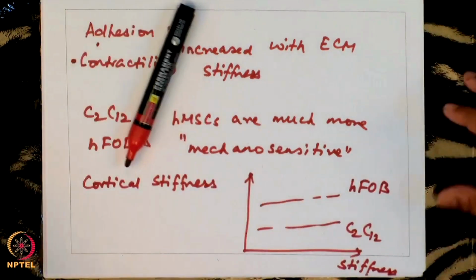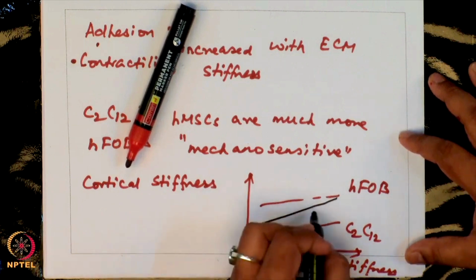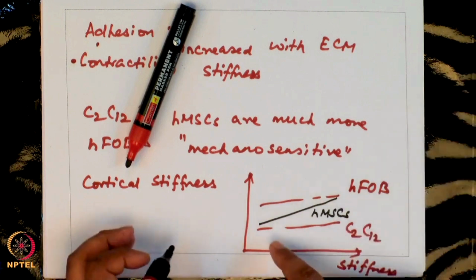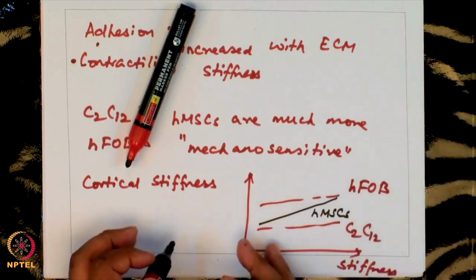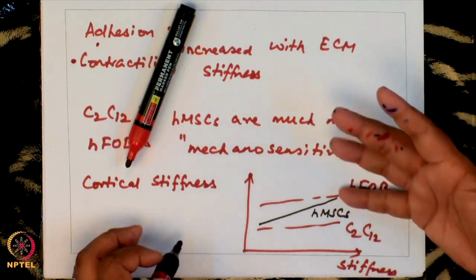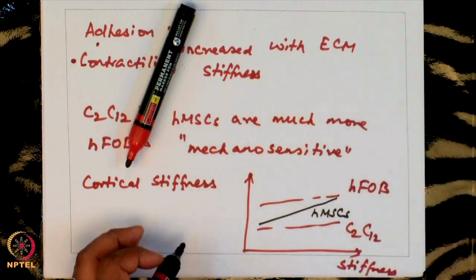However, your stem cells exhibit an intermediate phenomenon. So, HMSCs possess properties of muscle cells on softer surfaces and properties comparable to HFOB on stiffer surfaces. So, this suggests that the stem cells are more mechanosensitive.